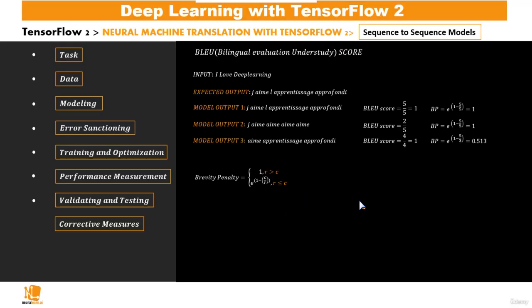So in this example, the self.add will give us a value of 2 at the end after adding up all the matching words, and then the self.total will give us a value of 5.